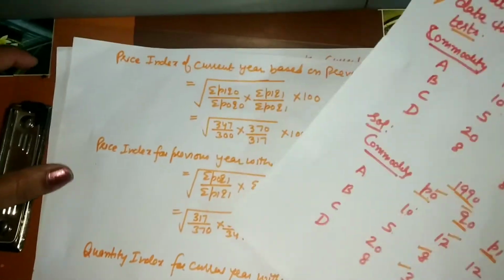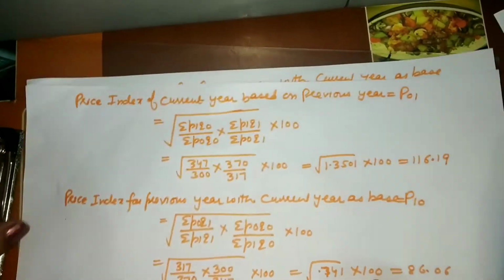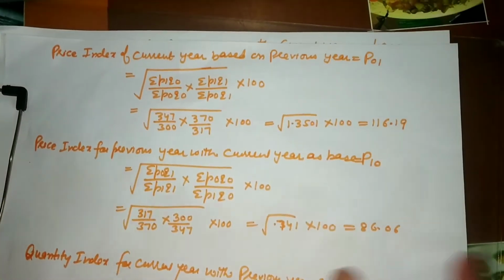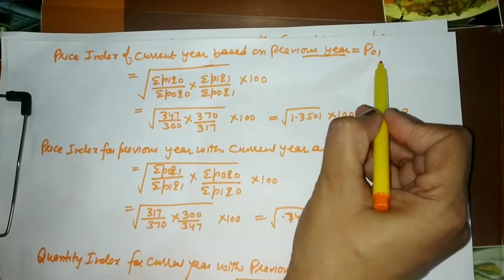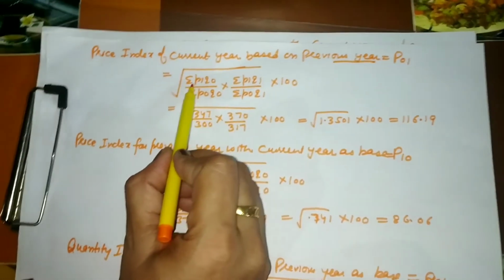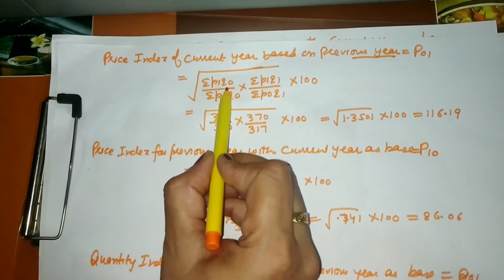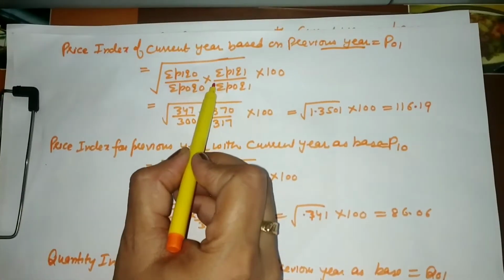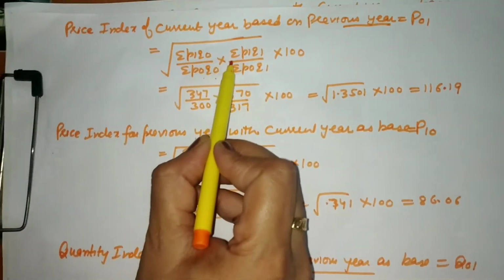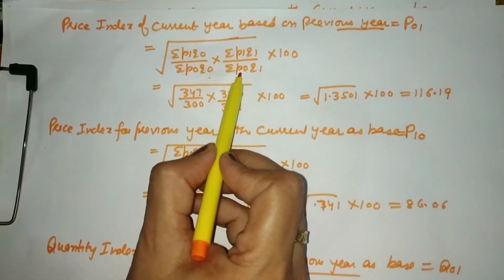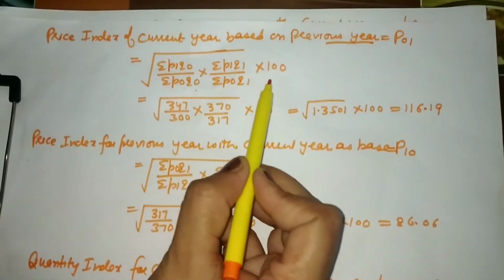Now I will calculate the price index, the price index of the current year based on the previous year. That means P01. P01's formula is sigma P1 Q0 over sigma P0 Q0 multiplied by sigma P1 Q1 over sigma P0 Q1, into 100.